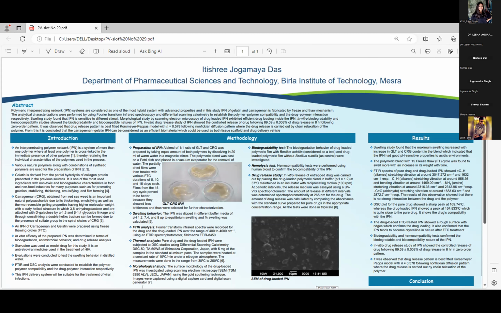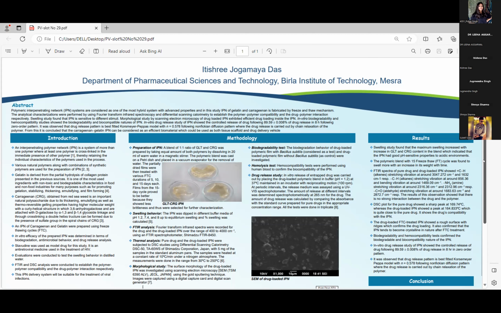So here I have prepared the IPN. This is the film. I took the polymer blend of both polymers and put it in water, since both are water soluble, then kept it at a temperature of 70 to 80 degrees centigrade, stirring for 24 hours.